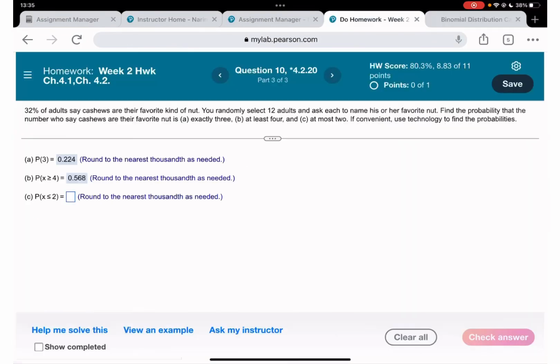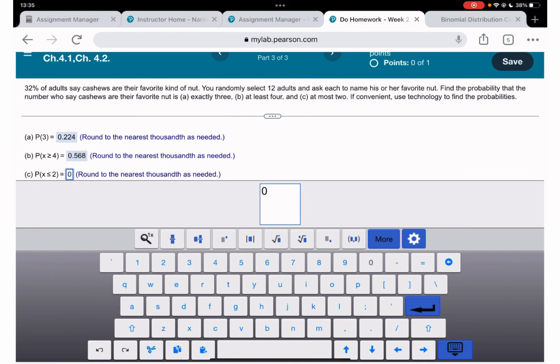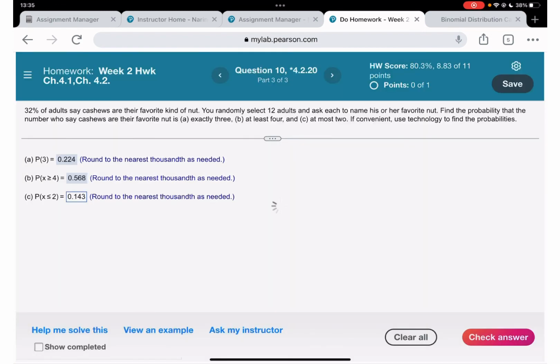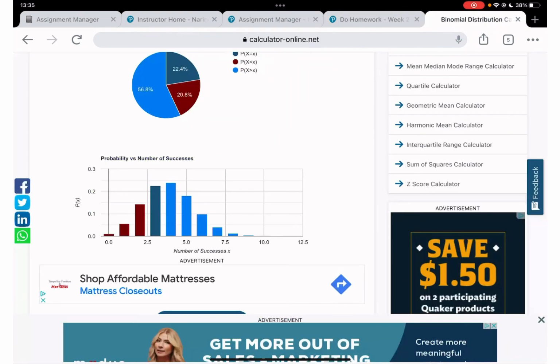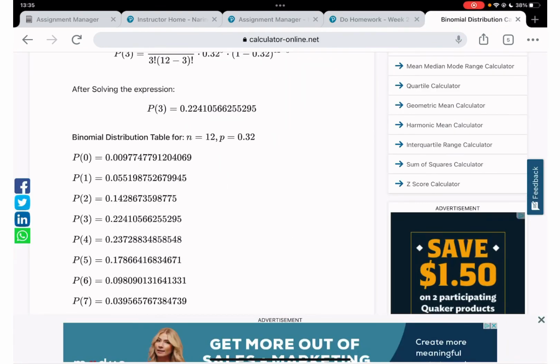We need less or equal, oh, less or equal 2. So we have it, 0.143. So we added 0, 1, and 2. Did I add by chance 3 also? Let me see. Okay, let me subtract the third one, 0.224. No, okay. Messed up my calculator. So 0, 1, and 2.